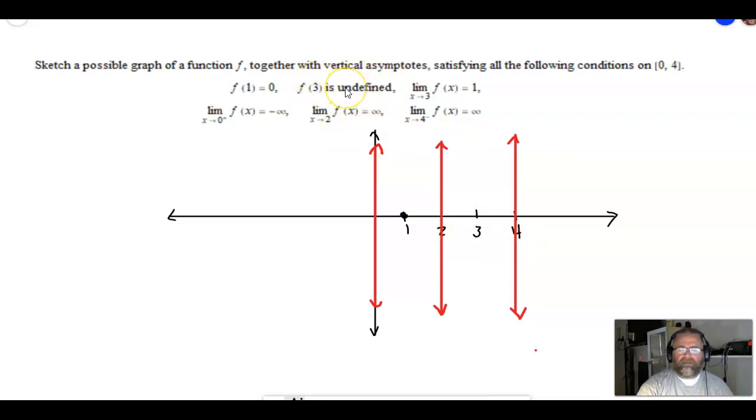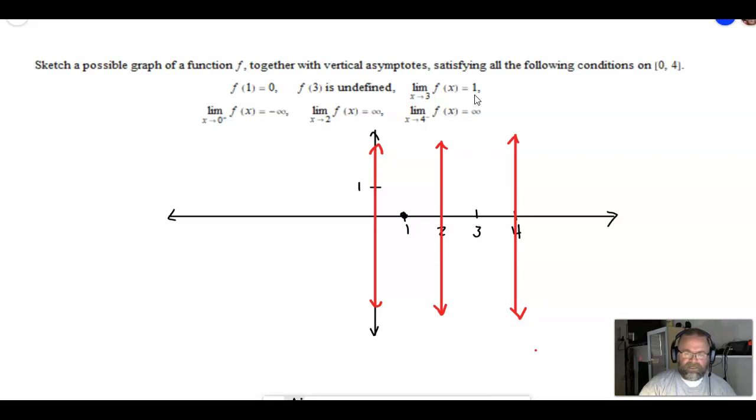I could make one and still make it undefined if one side was positive infinity and one side was negative infinity, or if one side just used any infinity and the other side wasn't approaching anything. But looking at this, we know that the limit as x approaches 3 is actually a value here, so I cannot put a vertical asymptote there because as x approaches 3 from the left and the right, I'm approaching the value of 1.